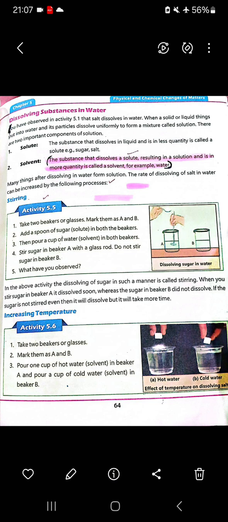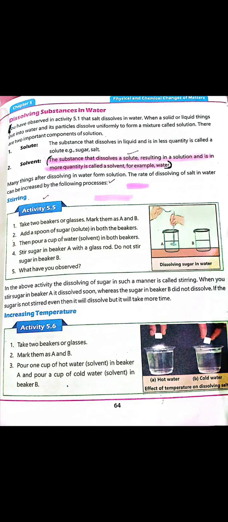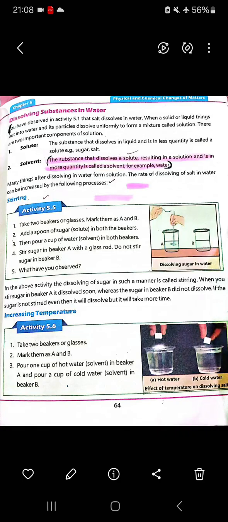Now the next is increasing temperature. By increasing the temperature, the solubility of the solution also increases. Like if you take water in two beakers, in beaker A you take the cold water, and in beaker B you take the warm water, and put sugar in both of the beakers. So in which beaker the sugar will dissolve first?